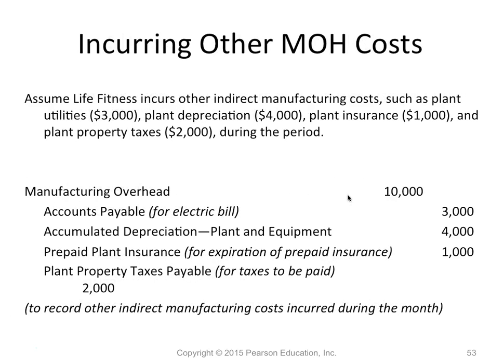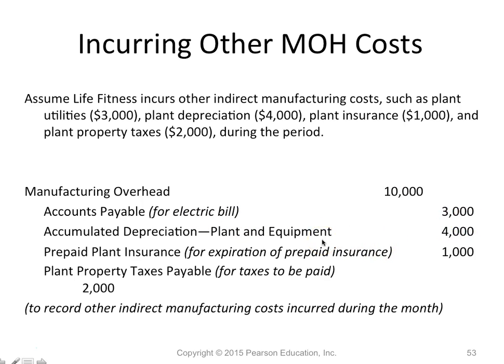Now, the $10,000 of overhead will be debited, because manufacturing overhead is a temporary account that will be closed at the end of the term. It's treated in the same manner as costs or expenses. So when it increases, it's a debit. So a debit of $10,000 here. And accounts payable is increasing, which is a credit.